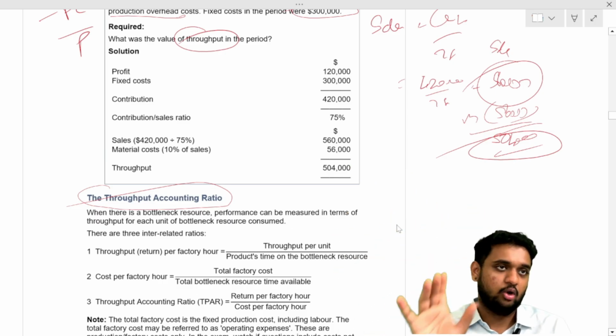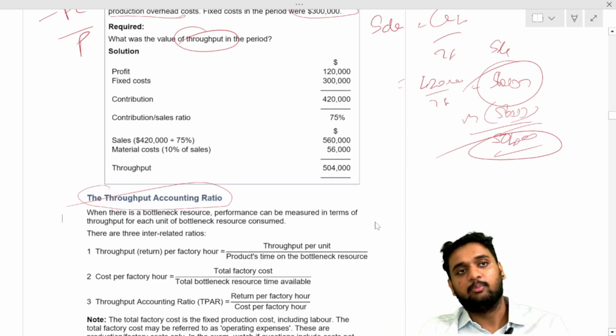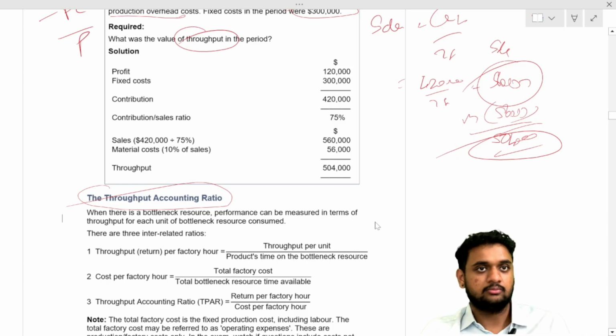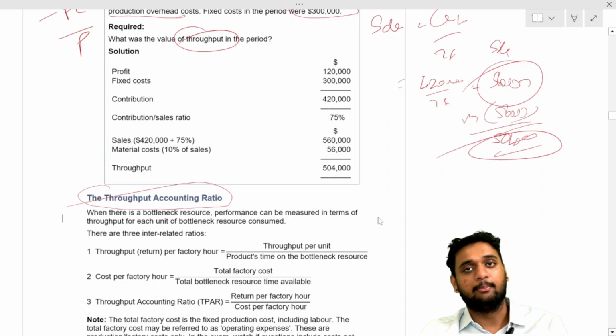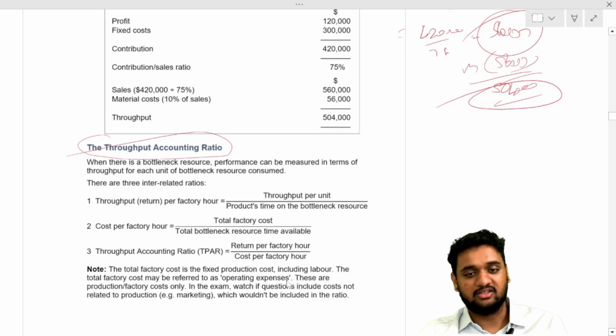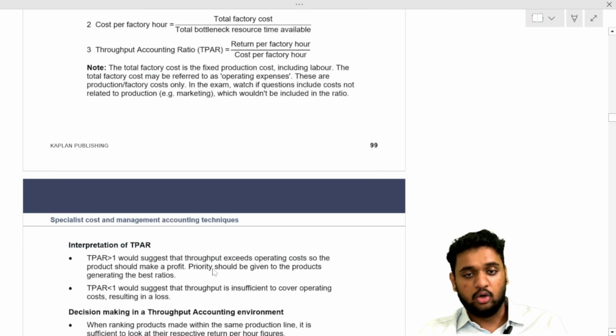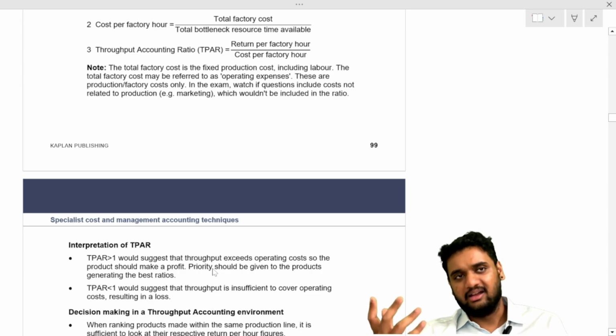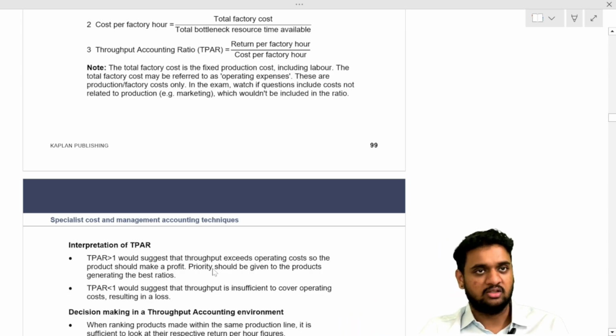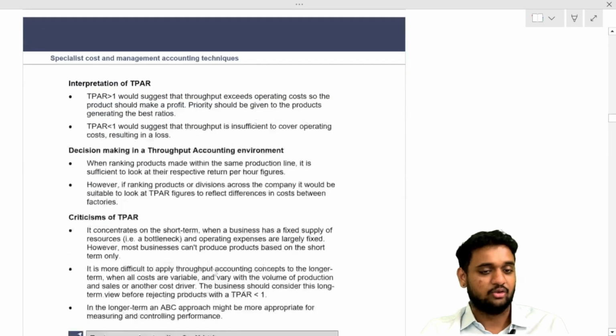Total cost divided by total bottleneck resource. If you do both, you will get the per bottleneck resource figures. Understood? If you divide both, you will get the throughput accounting ratio. If it's more than 1, it is good. If it's less than 1, it is not. More than 1 means the return is more than the cost. Less than 1 means the cost is more than the return. Understood?